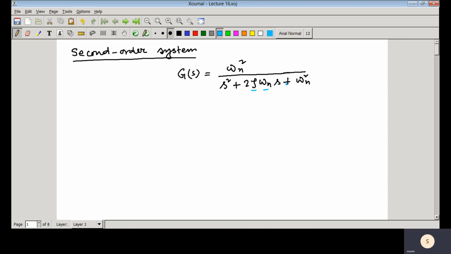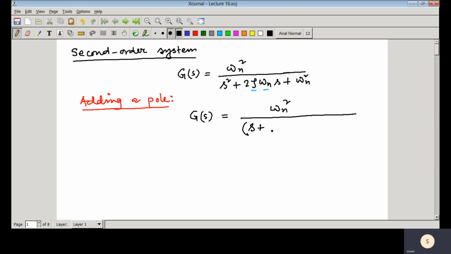Now today we will see that if we introduce a pole to this particular transfer function, then what would be the response? So adding a pole to this transfer function, what would be the time response?